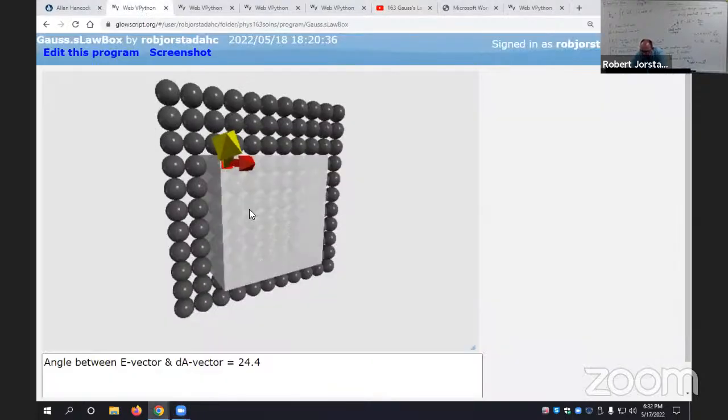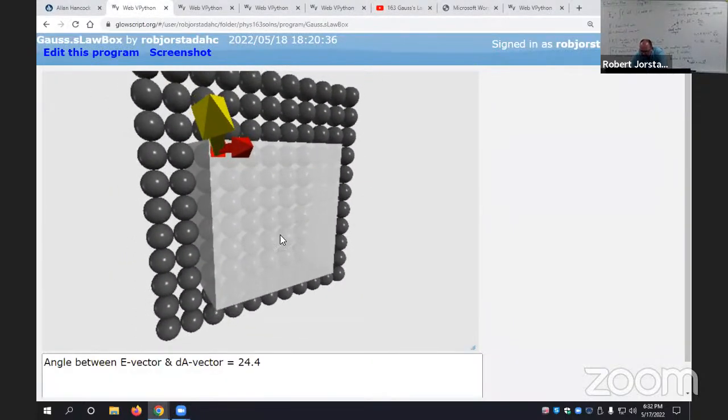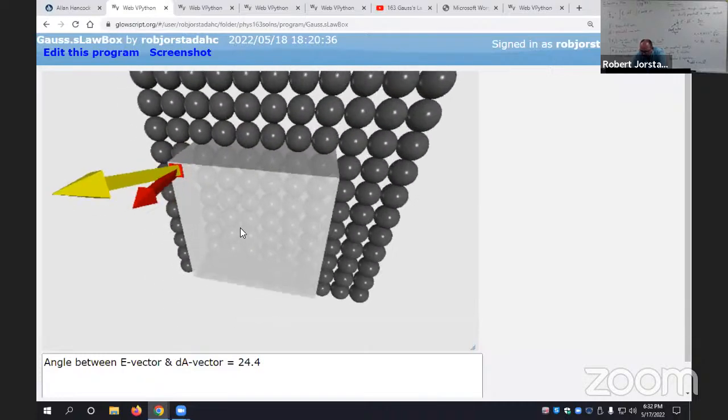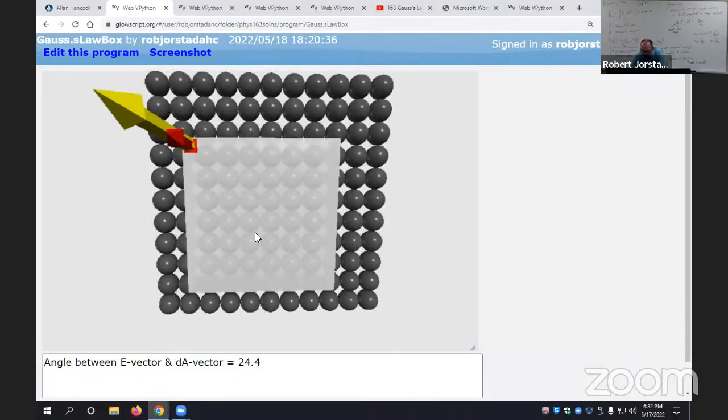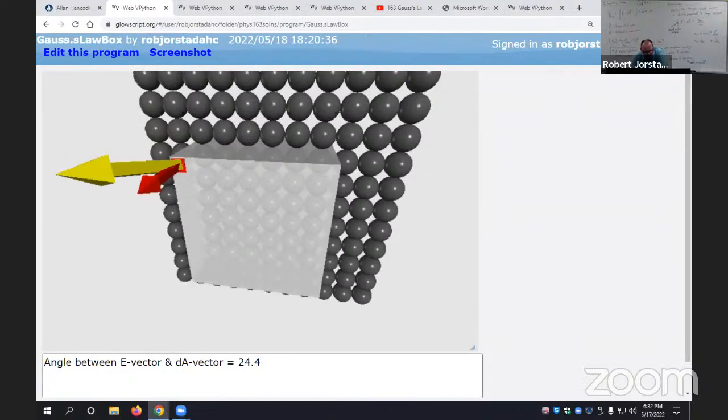So right now, I put a whole bunch of point charges there. The dark gray spheres are point charges. In this case, that yellow arrow is the electric field. I know yellow on white isn't the best choice, but I'm trying to stick to our convention. Now I don't know if you can see this, but there's a small area here.